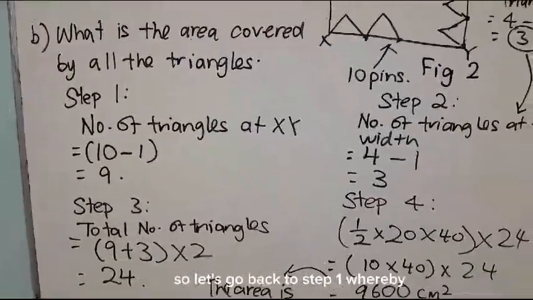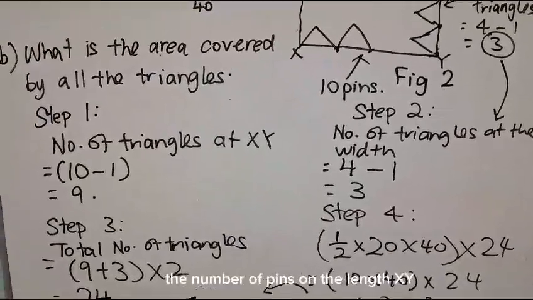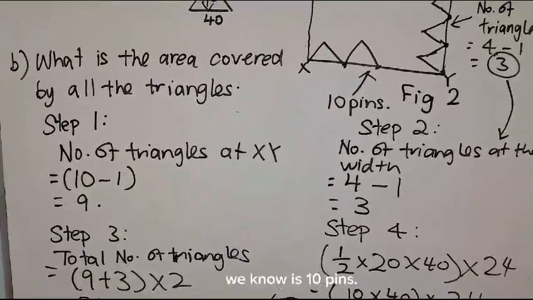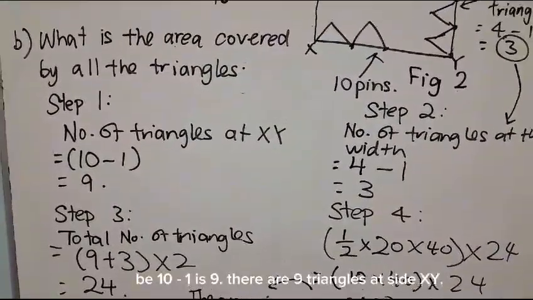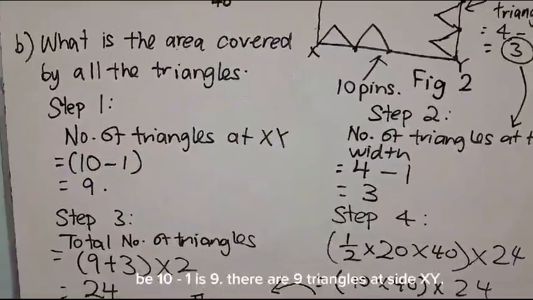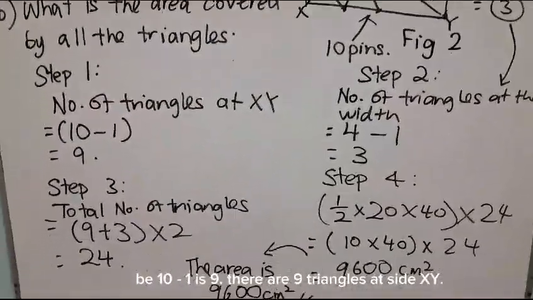So let us go back to step 1, whereby the number of pins on the first part, as we know, is 10 pins. So the number of triangles will therefore be 10 minus 1, which is 9. There are 9 triangles at side XY.